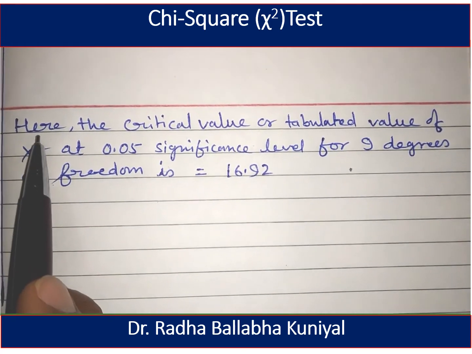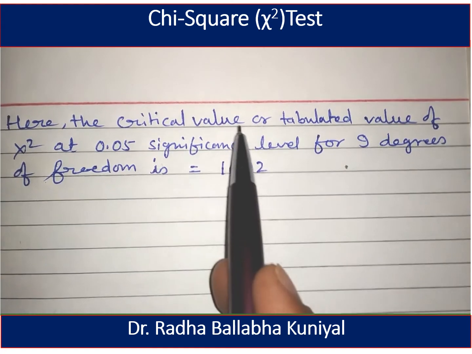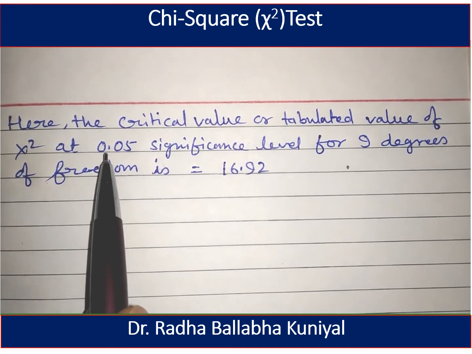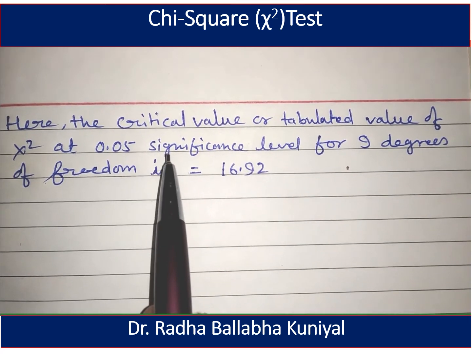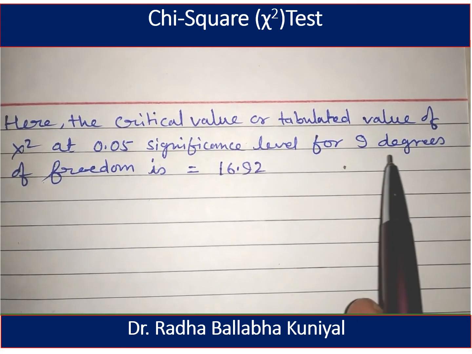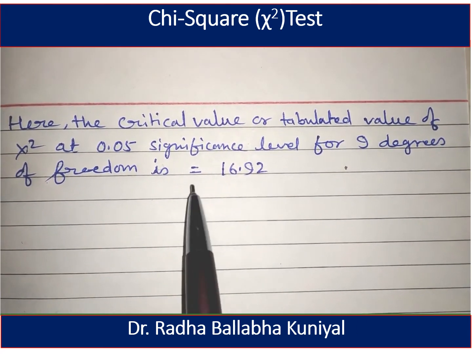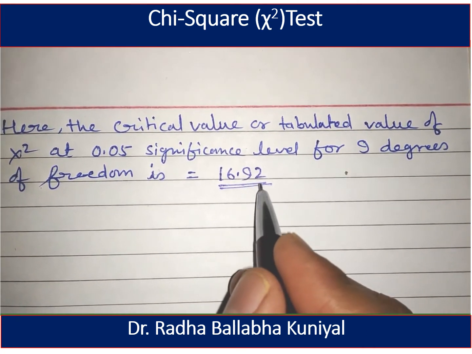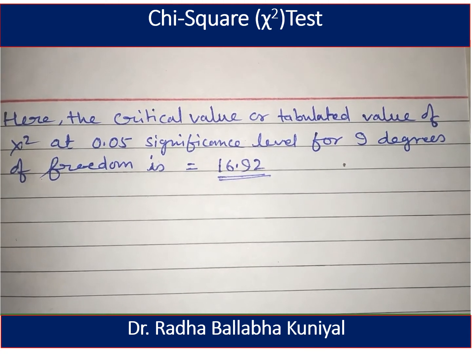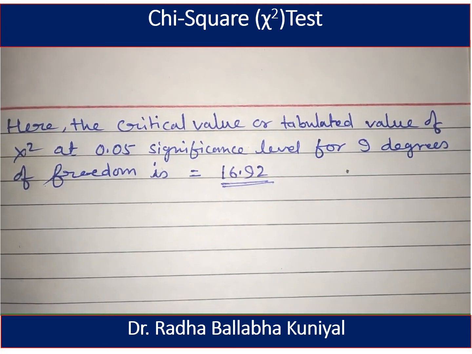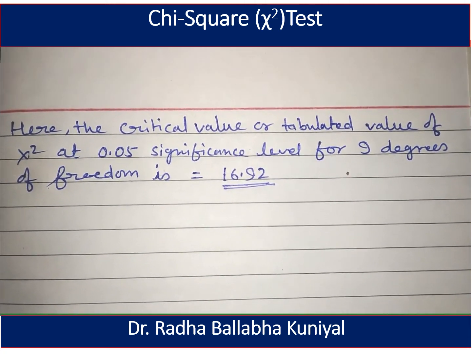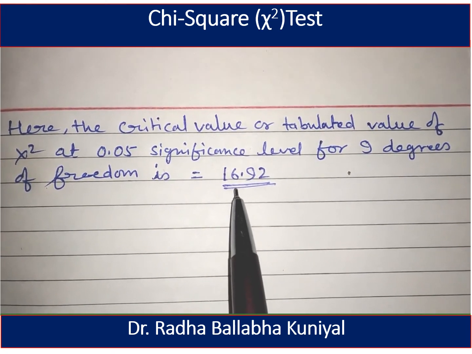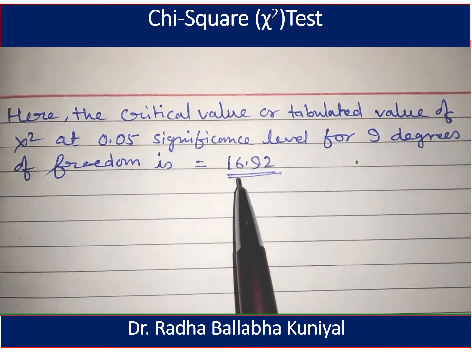Thus, we write here that the critical value or tabulated value of chi-square at the 0.05 level of significance for 9 degrees of freedom is 16.92.